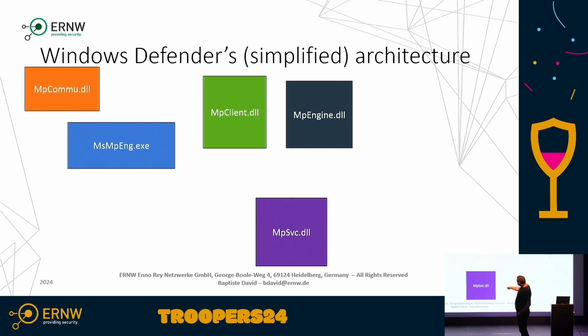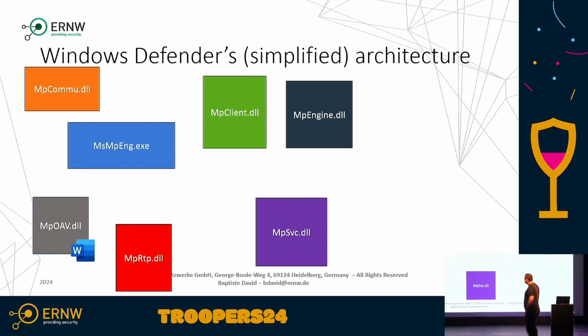You have also mpcommu.dll for communication, to communicate with the Microsoft cloud. You have mpoav.dll for everything linked to Office documents. And you have also mprtp, real-time protection. This is the DLL which is in connection to the drivers of Windows Defender, wdfilter.sys from my memory, which is supposed to hold all the system events in real time.